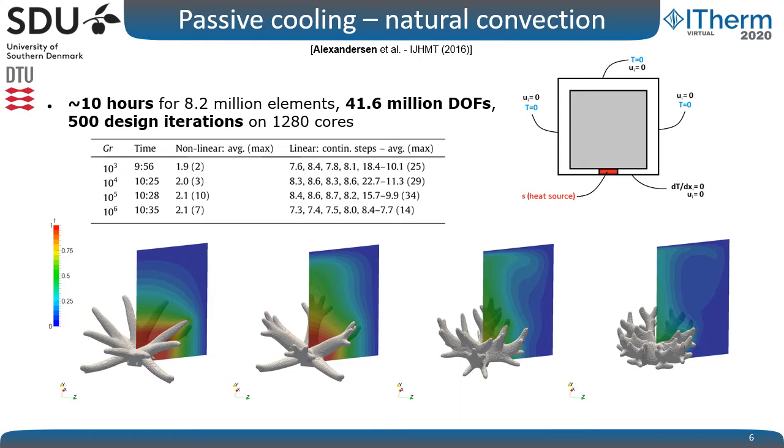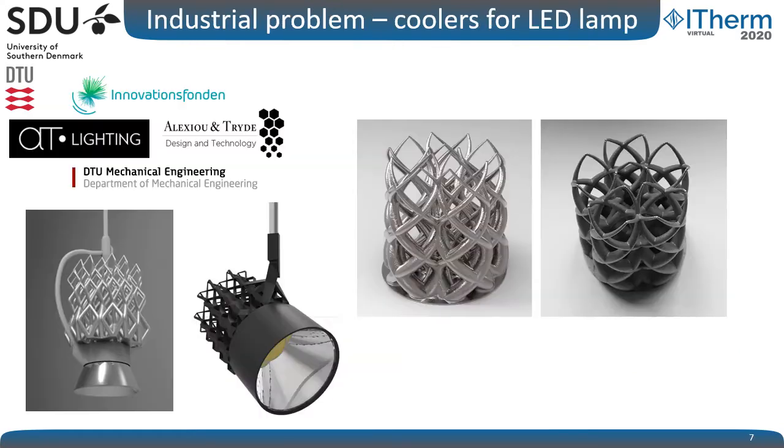But the point is, these are very big computations, so it takes around 10 hours to optimize on 1280 cores, so it takes a long time. But of course, we do get significant improvements in performance compared to traditional heat sinks.